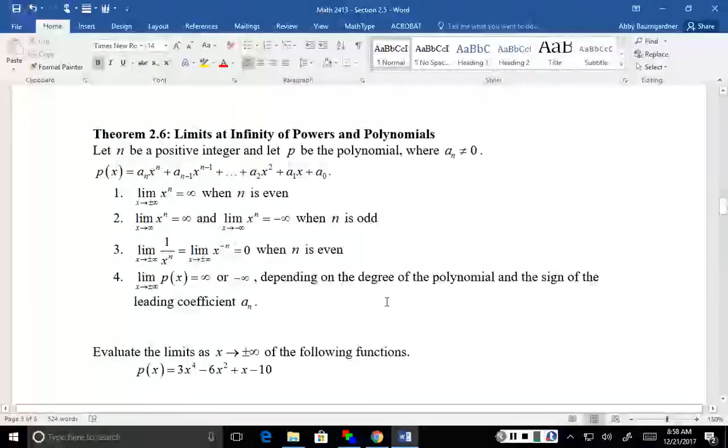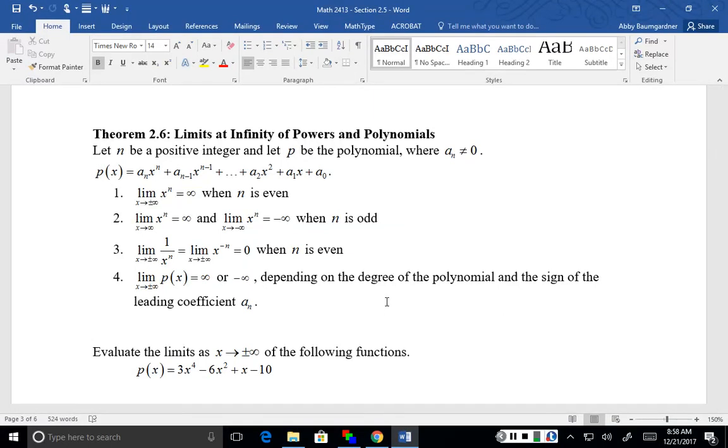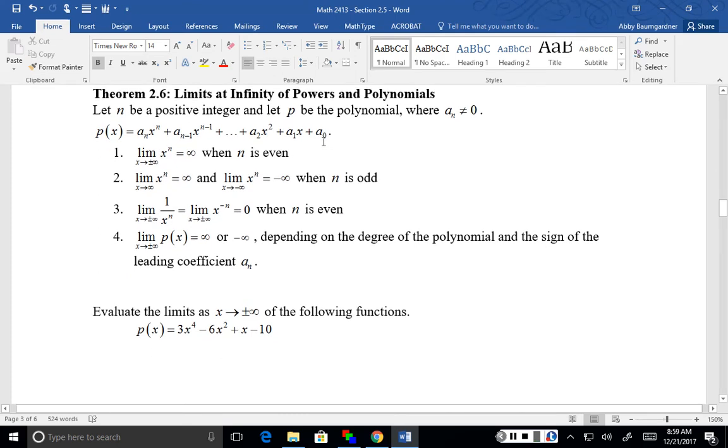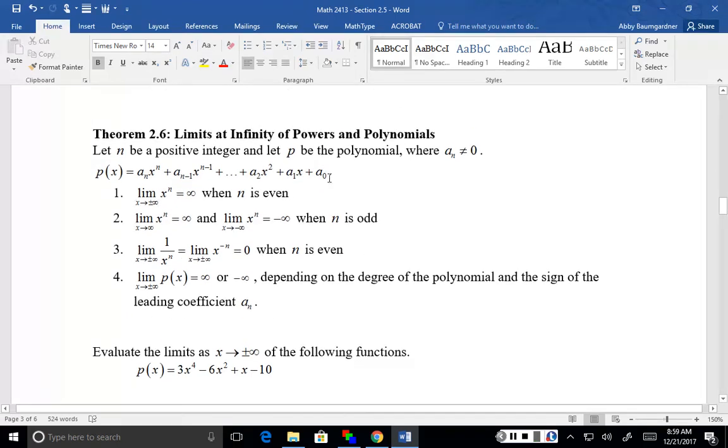All right, so we have a theorem that allows us to get to some of these answers a little bit more quickly without having to look at a graph. We're told let n be a positive integer and let p be the polynomial P of x equals a sub n times x to the n plus a sub n minus 1 times x to the n minus 1, and so forth until you get to a sub 0.